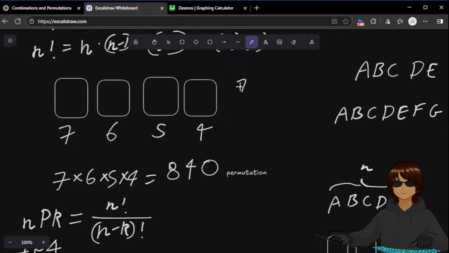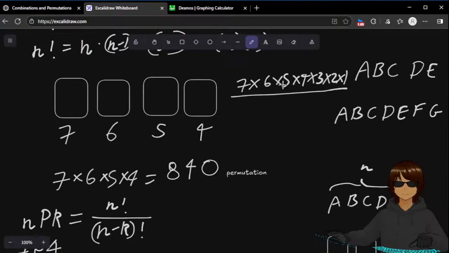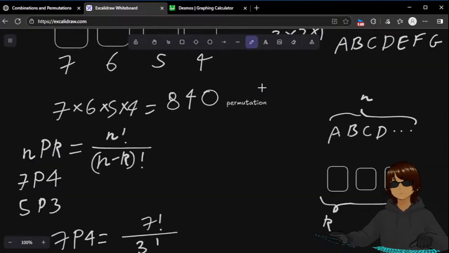So 7 factorial ways of arranging 7 items. But since there are only 4 boxes, we are only stopping at 4. We only want this. So these 3 need to get cancelled out. So we need to arrange n factorial, but we are only considering the first k. So n minus k factorial will get cancelled out.